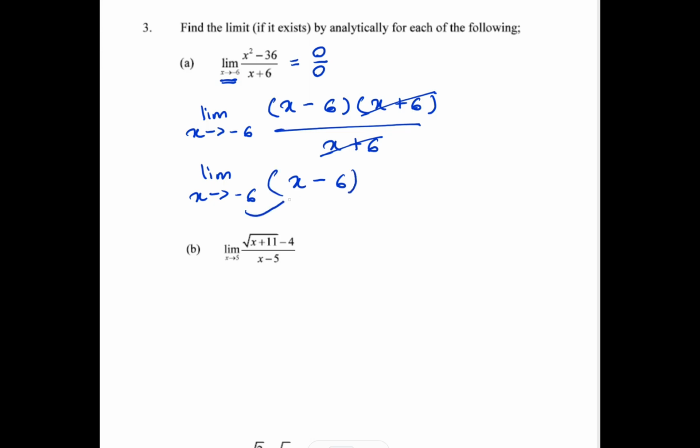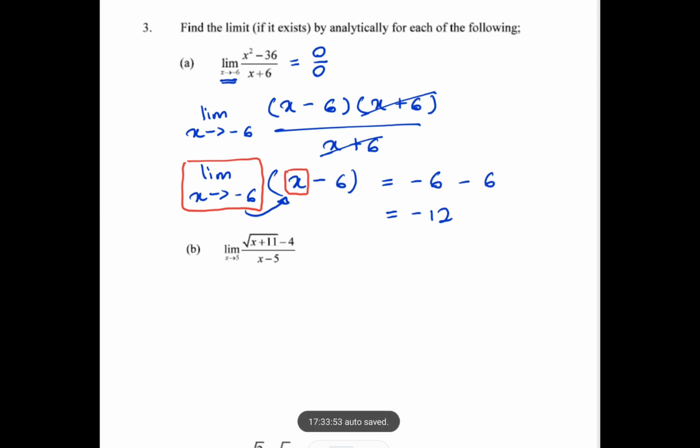We substitute -6 here, so we get -6 minus 6 equal to -12. Remember, when your function still involves x, you must write the limit. It's compulsory. But here it no longer involves x, so no need to write the limit.